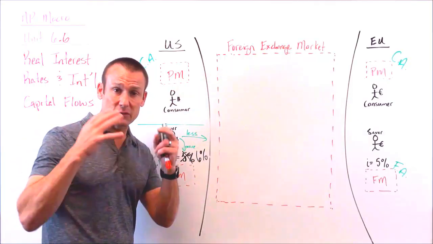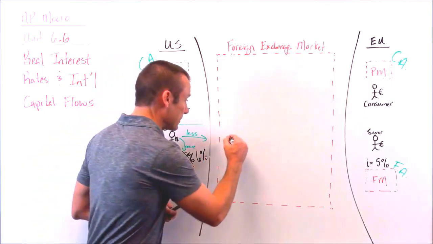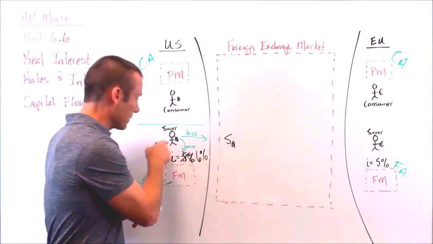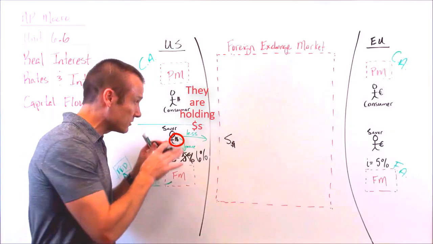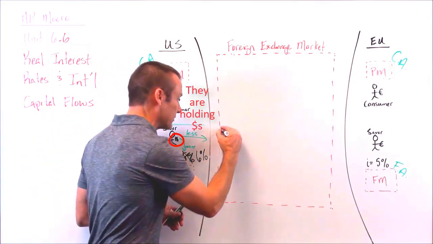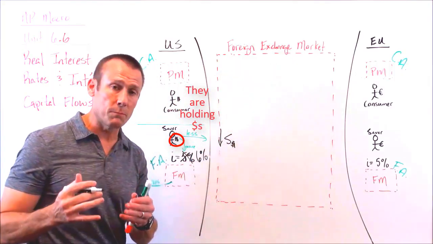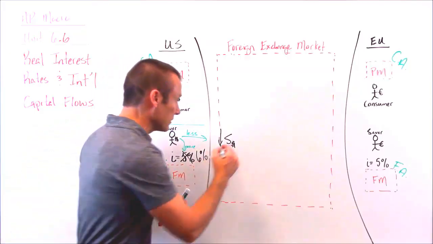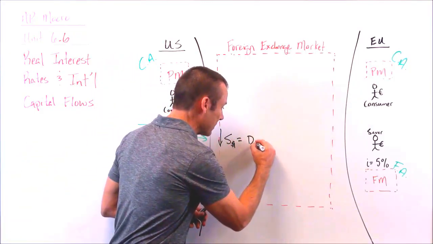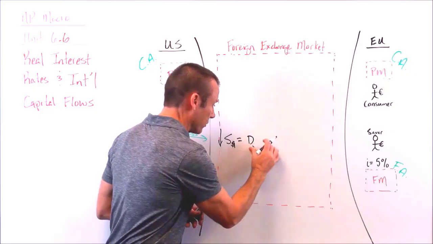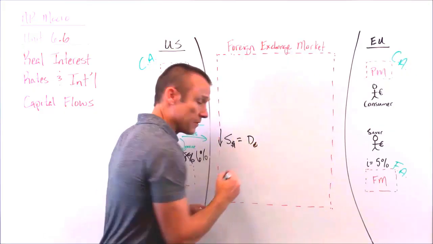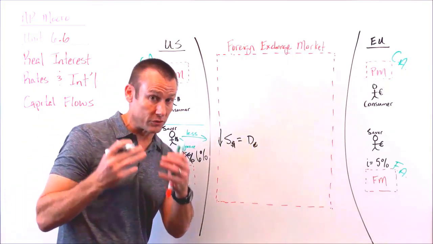Now, to me, that's really simple to just say the supply of dollars, right? That's what the American saver has, is dollars. And since they're going here less, the supply of dollars is decreasing. And it's so important to understand that the supply of dollars is equivalent to the demand for euros. Almost made a mistake right there. The supply of dollars is equivalent to the demand for euros.